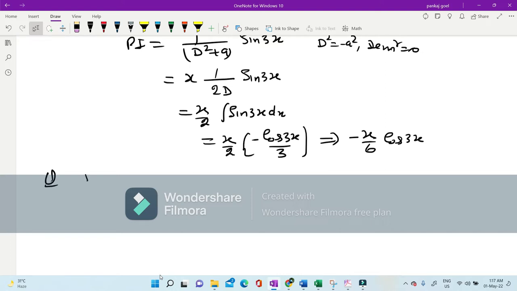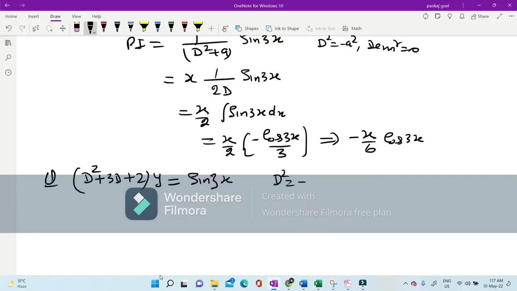We can take another question. Let us suppose I say d square plus 3d plus 2 y is equal to sine of 2x. Let us suppose I say like this, let me take sine 3x. What is the value of d square?